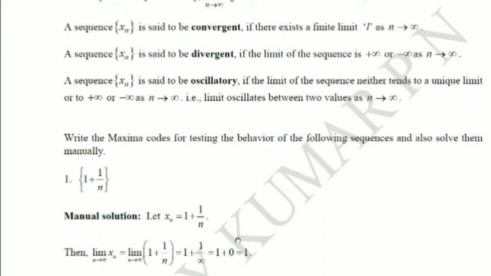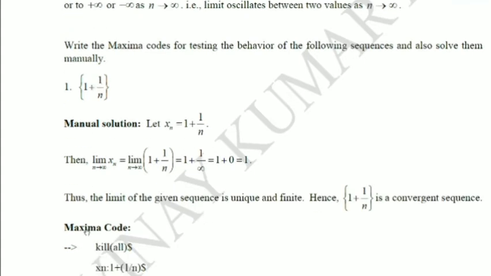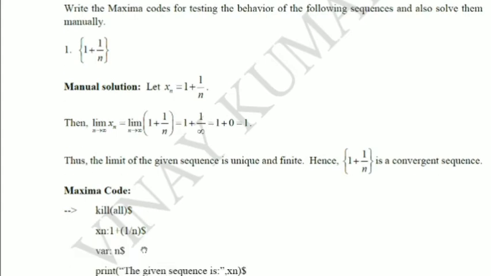Let's write a Maxima program for this. As usual, we start with kill all, just to kill all the values assigned to the variables. Then, the nth term of the sequence is 1 plus 1 by n. We'll assign that: xn is the nth term, which is assigned 1 plus 1 by n.